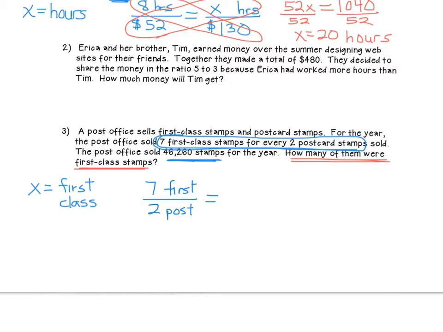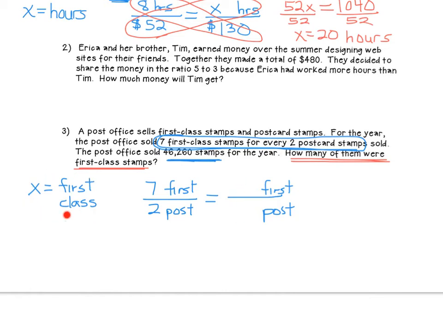Okay, that's my ratio, and that establishes my pattern. Since I have first in the numerator, post in the denominator, I have to do the identical thing over here. First and post, and it has to match. First, first, post, post. Okay, now fill in your numbers.